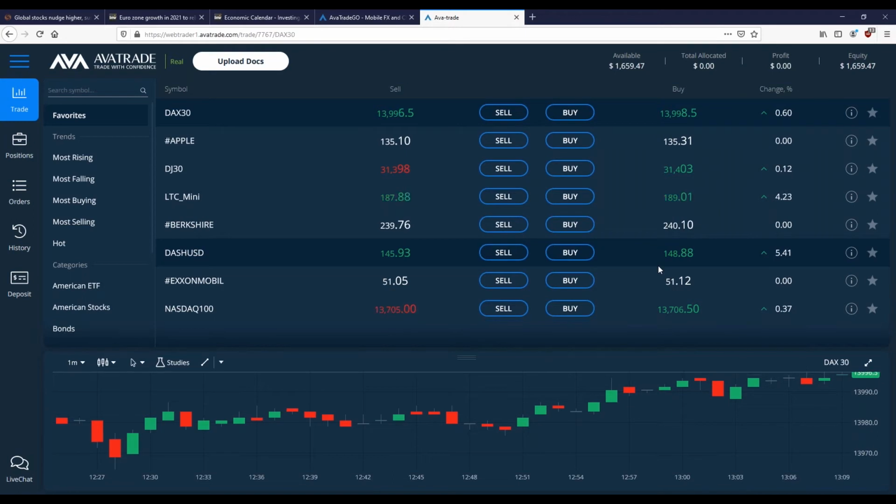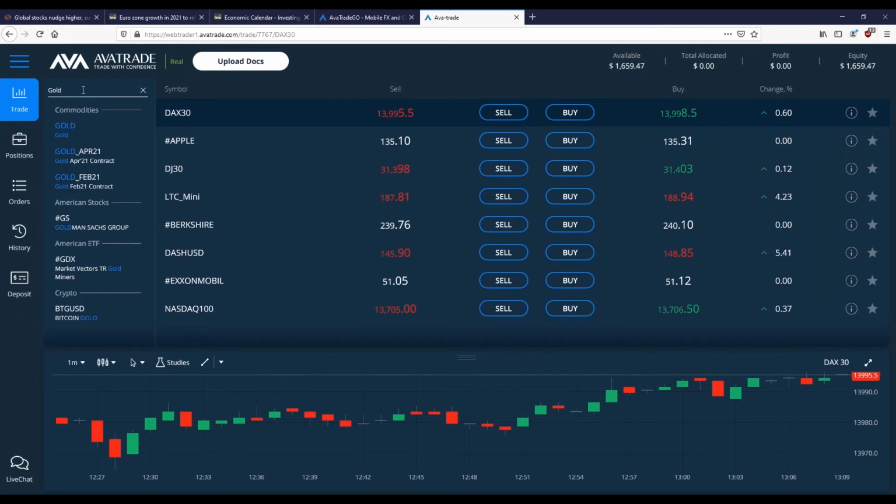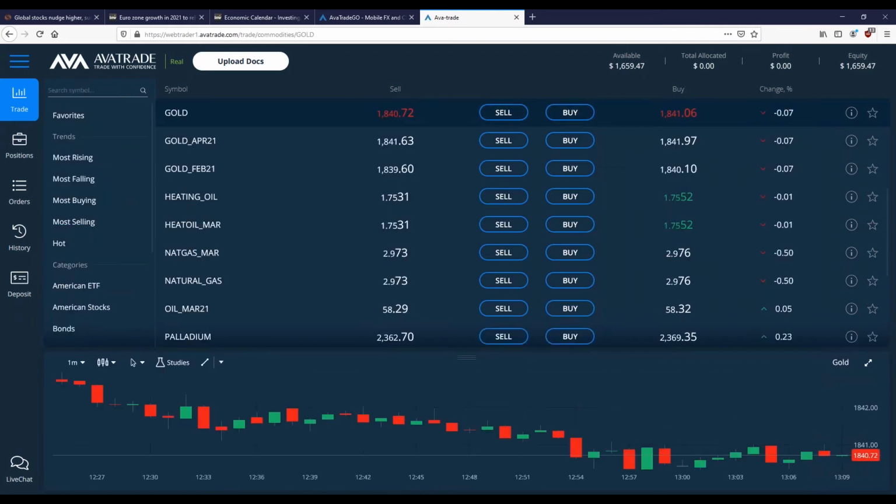Now, what I wanted to show you in terms of risk management is, if we do a search here, and let's bring up something that we know Ava Protect is available on, like gold. You see how easy it is to find an instrument on this platform compared to the MT4 and MT5 platforms, which don't have a search function like this.